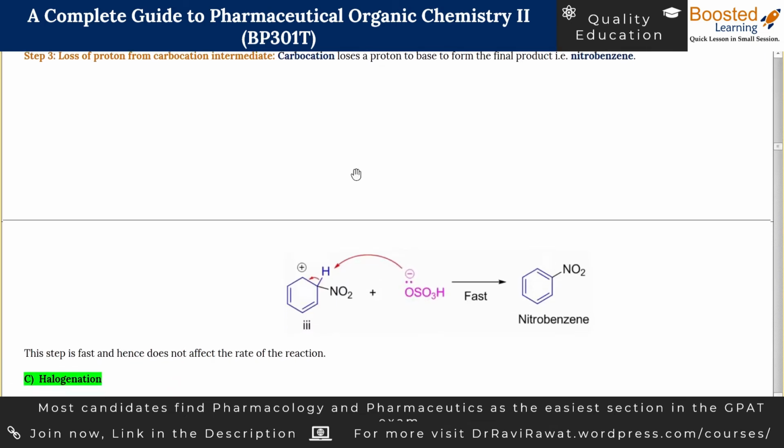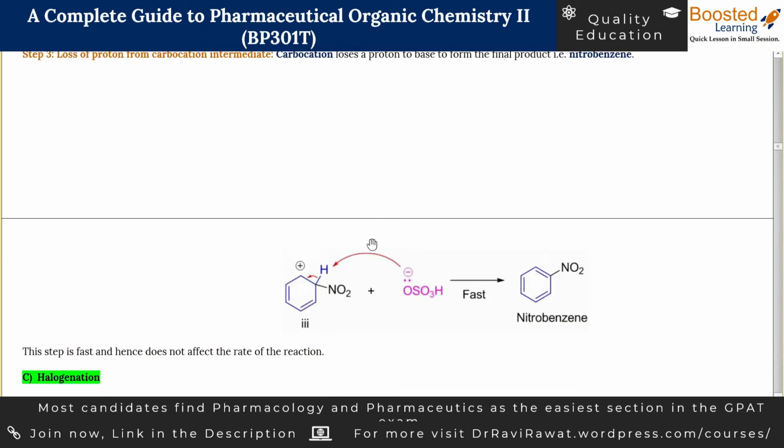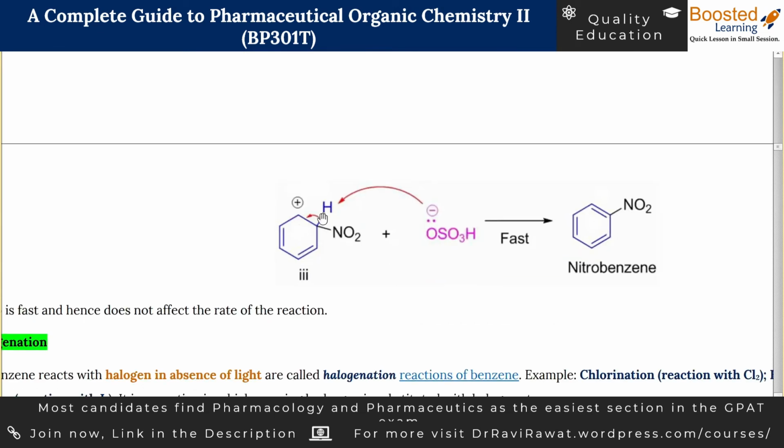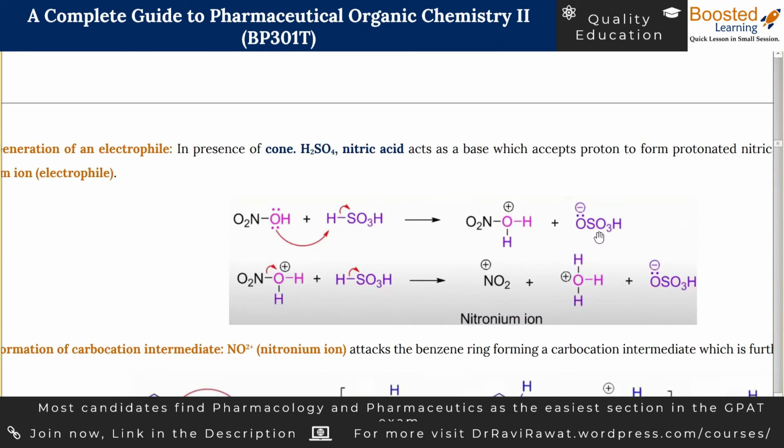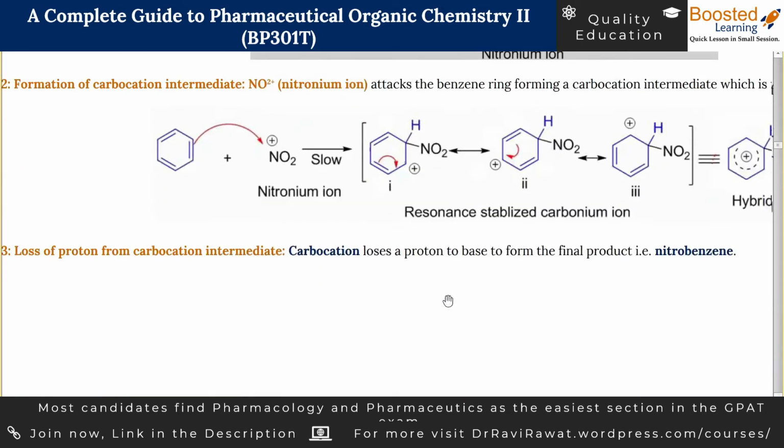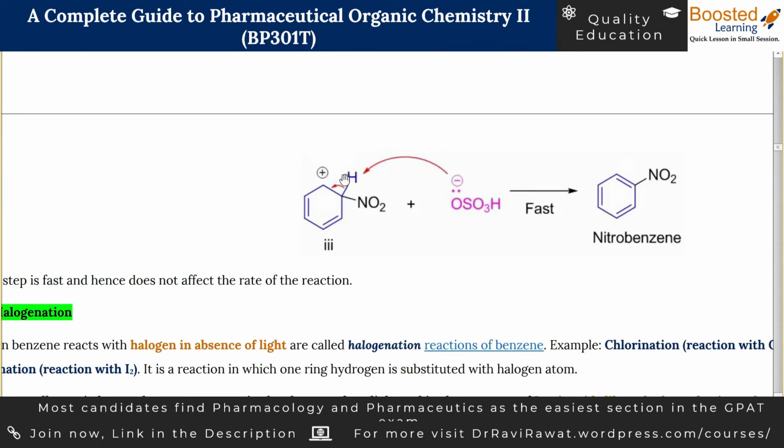In the third step, your carbocation intermediate, which was formed in the second step, is going to lose a proton. So this will be assisted by the conjugate base of sulfuric acid. So as you can see over here, the conjugate base of sulfuric acid is going to help in removal of this hydrogen as a proton. This hydrogen would be removed as a H plus ion.